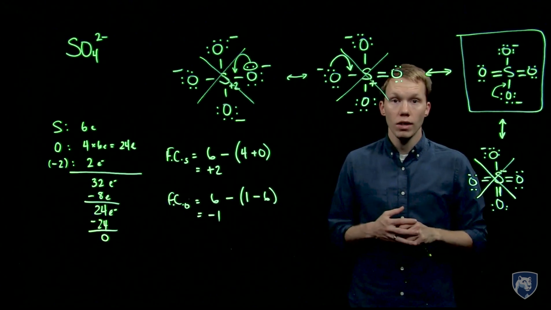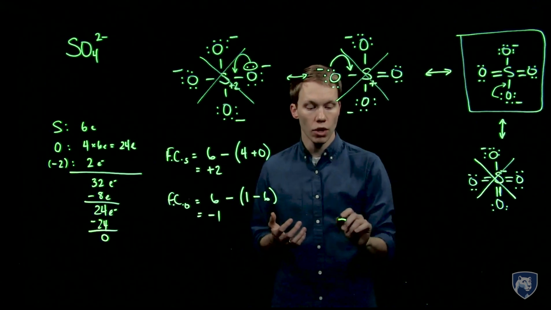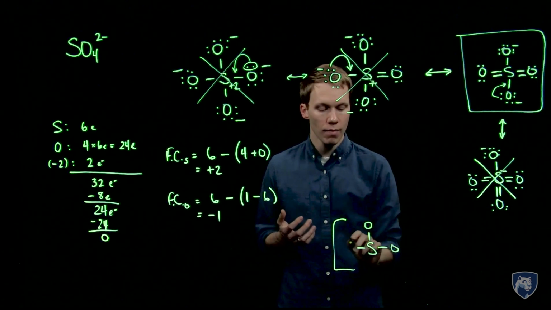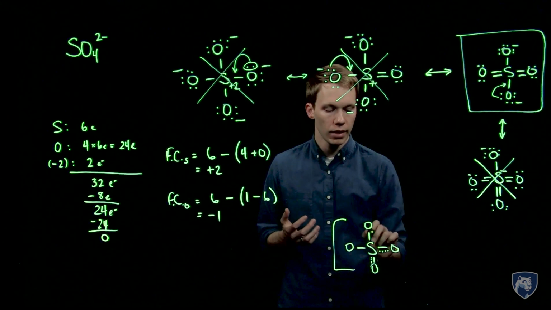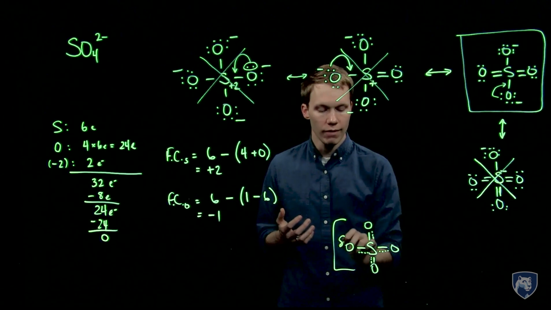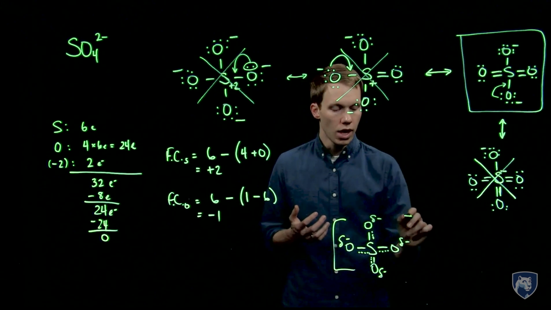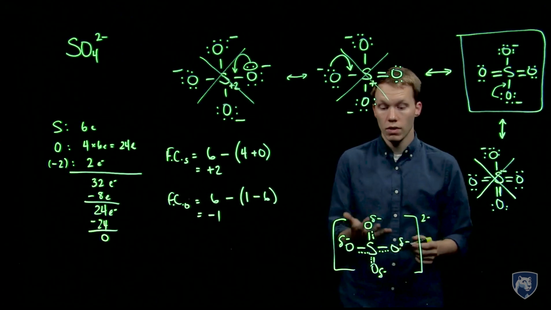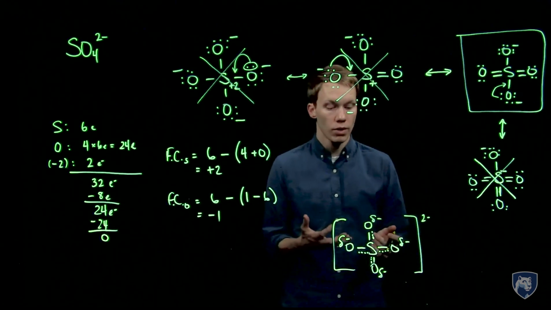If we draw out all 6 of the resonance contributors, we can come up with a hybrid. And the hybrid would show me that the sulfur-oxygen bond is somewhere between a single and a double bond. So we'd have negative charge on all of these oxygens. All of the contributors are equal to this hybrid structure, so we can actually calculate the bond order here.